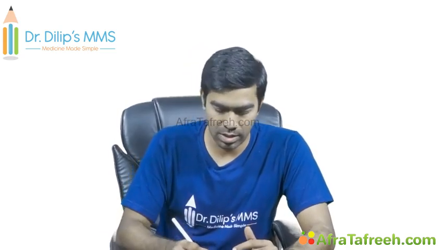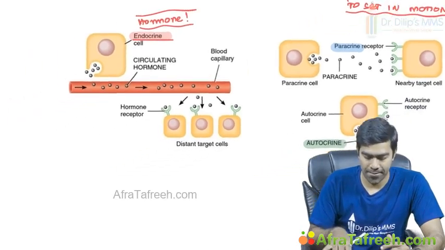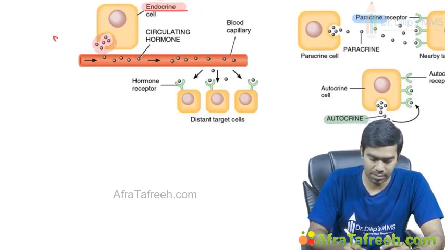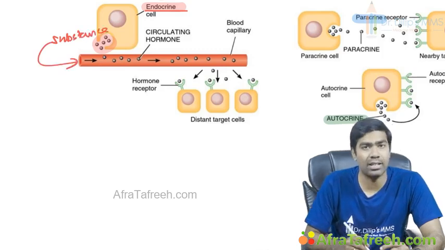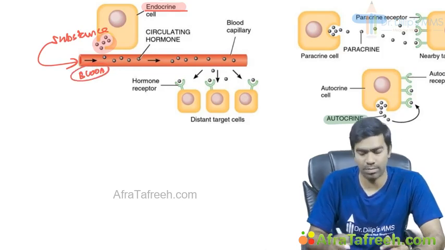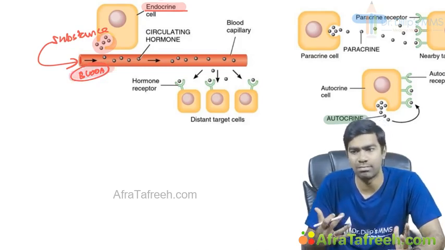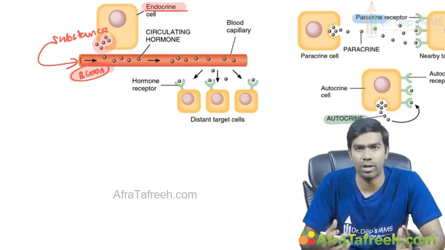So what do you mean by endocrine principle in the first place? You can see this cell is secreting some substance, and that is entering the blood. It's a very, very crucial component of the endocrine system. This entering the blood is the one that gives the endocrine system its name.